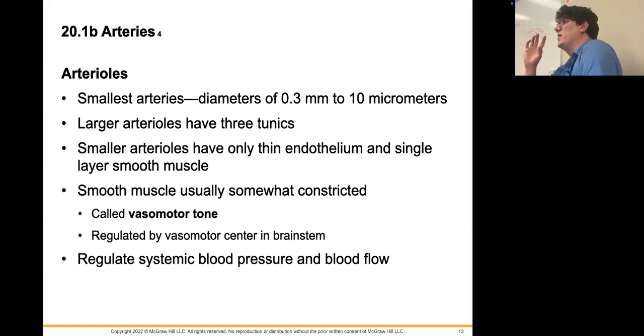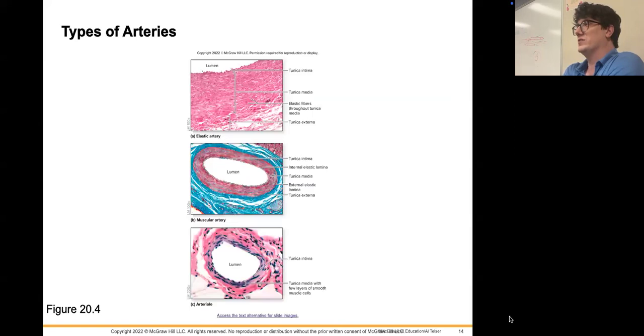That's because while these are the smallest in diameter, we have a lot more of these than we do the others, which means if we constrict all of these, we can raise the overall blood pressure in the system by creating more resistance. Or we dilate these and decrease resistance. So we can actually regulate blood pressure by messing with our arterioles.